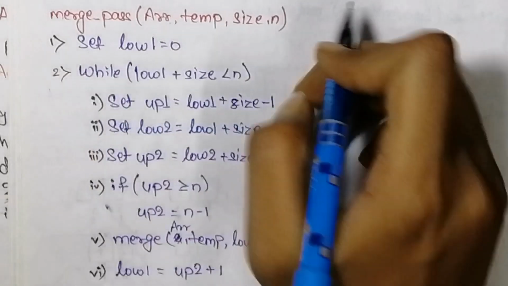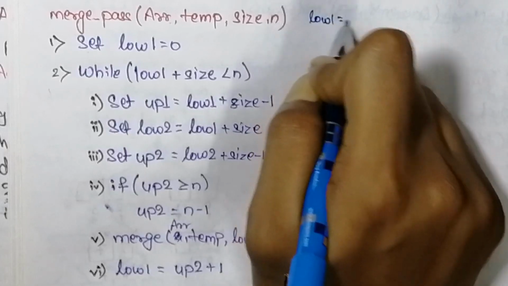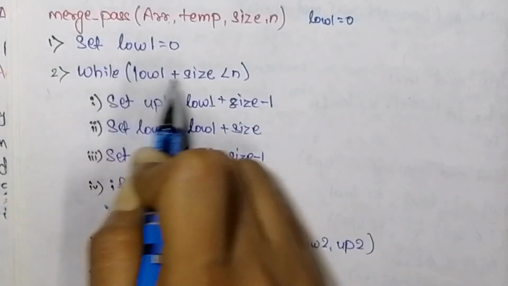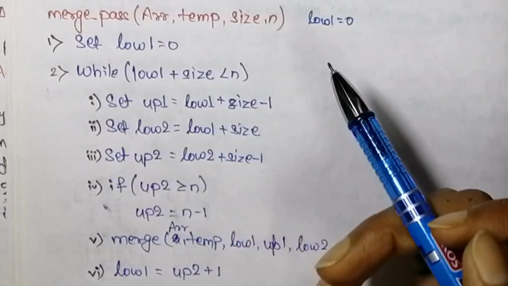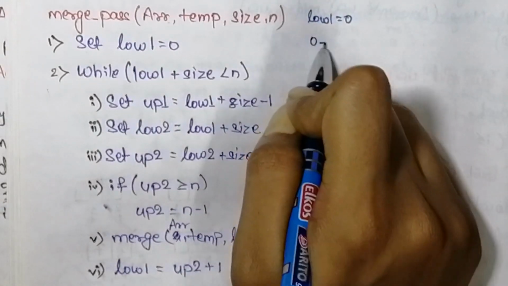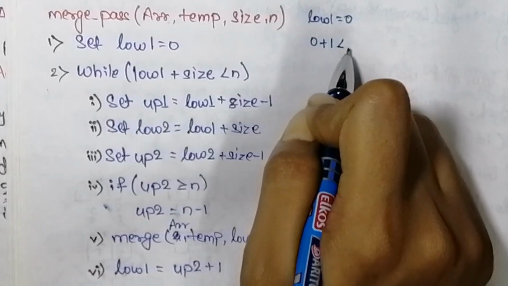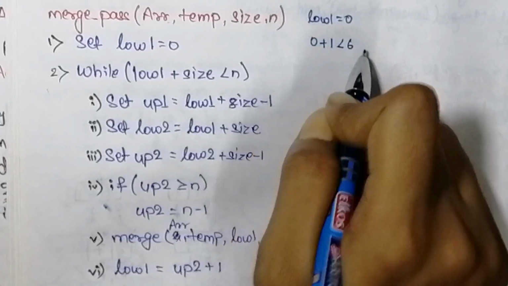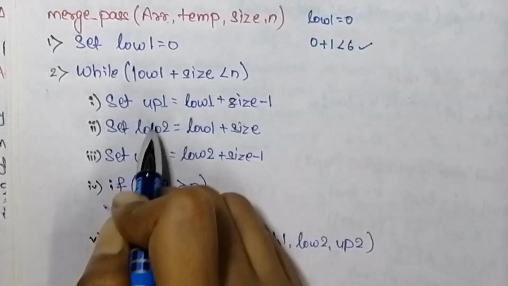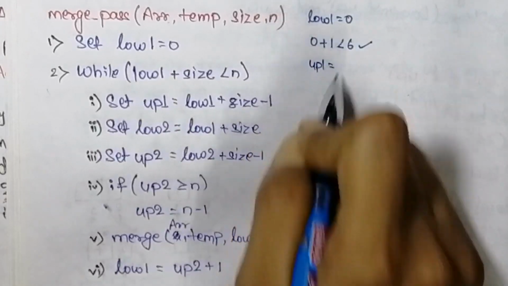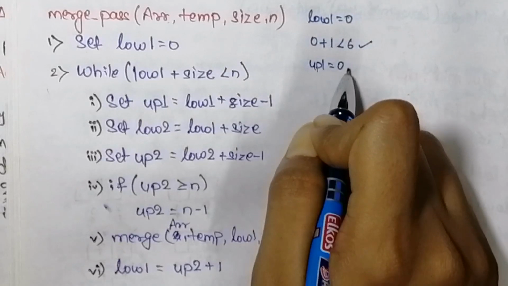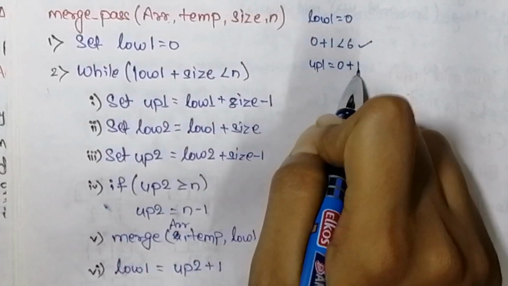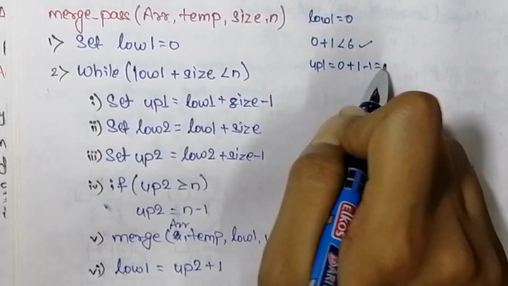We will set low1 equals to 0. Then while low1 plus size is less than n, we have just seen the value of the size variable was 1, so low1 plus size is less than n, that is 6. Yes, this is satisfied. So we will set up1 equals to low1 plus size minus 1, that is 0 plus 1 minus 1, that is 0.